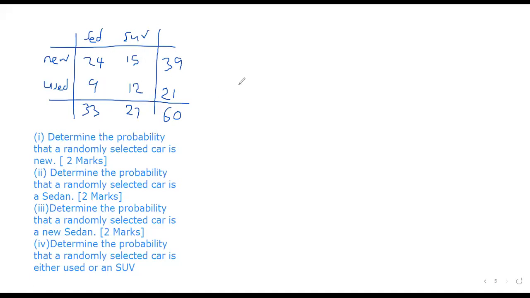So, can someone say something from what we've learned. What is the probability that a car that was selected was new? Probability is 39/60, which is 0.65.